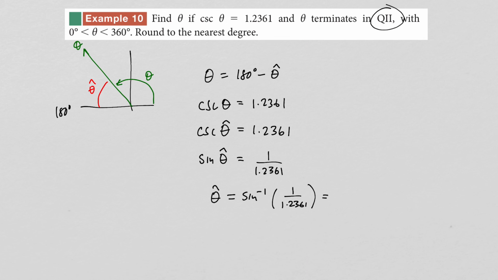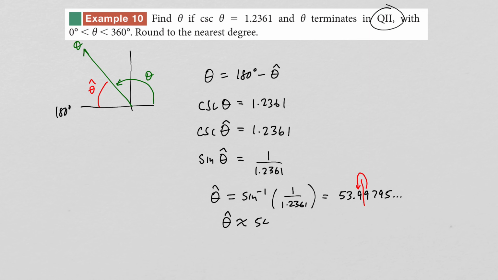And so we type into our calculator inverse sine of 1 divided by 1.2361 equals, and I get 53.99795, etc. degrees. So to the nearest tenth of a degree, if I cut this off right here, this 9 is going to round this up, which is going to round the 3 up to a 4.